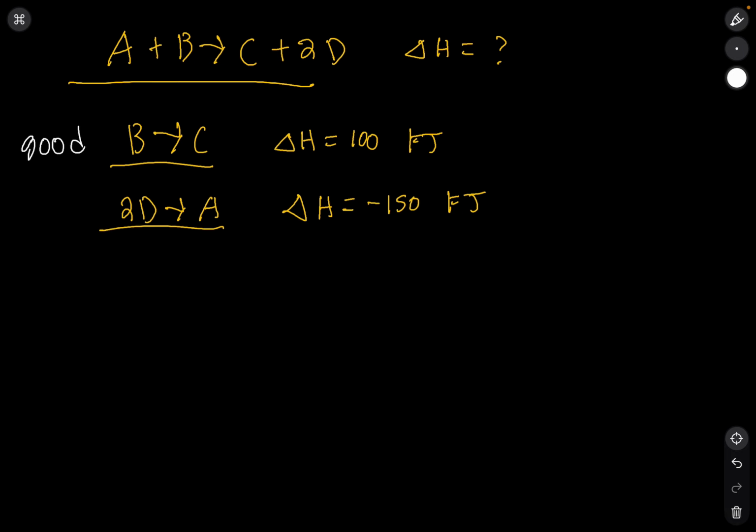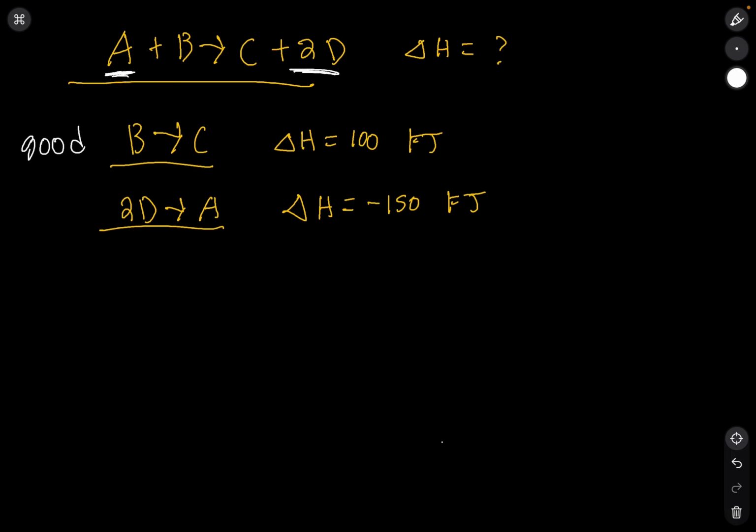However, 2D turns into A. We see that A in the general reaction is a reactant, and 2D is a product. However, 2D becoming A isn't in the general equation. So how can we do this?